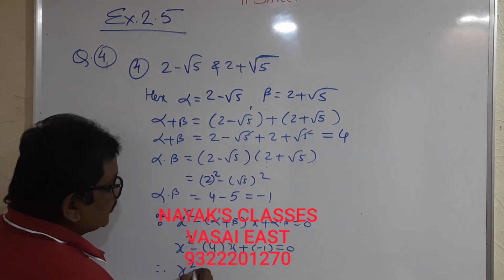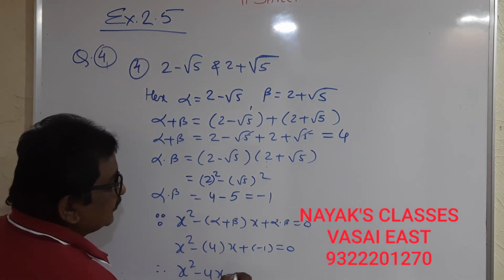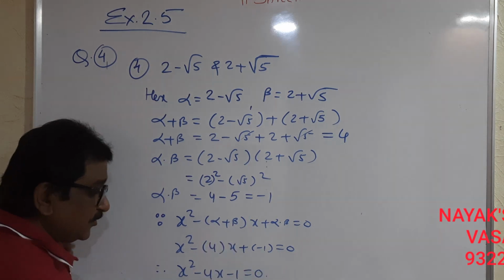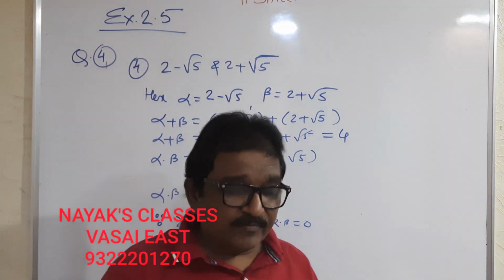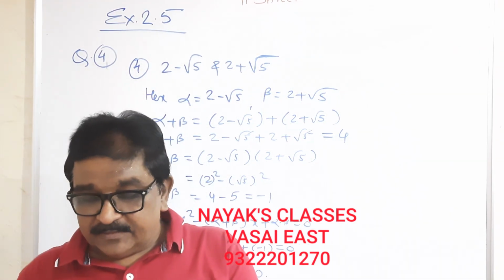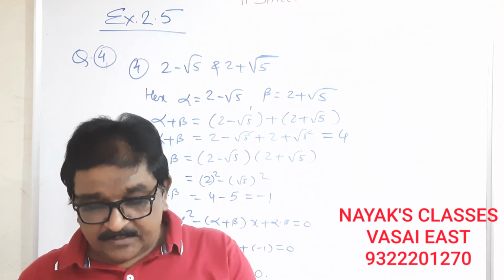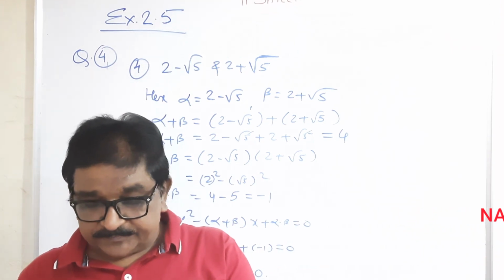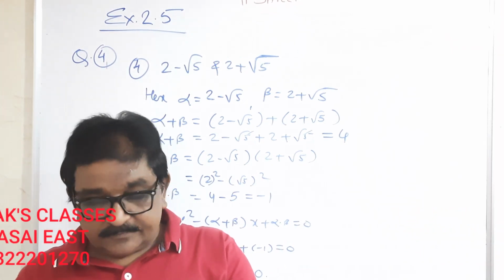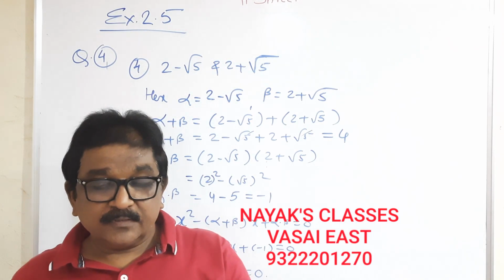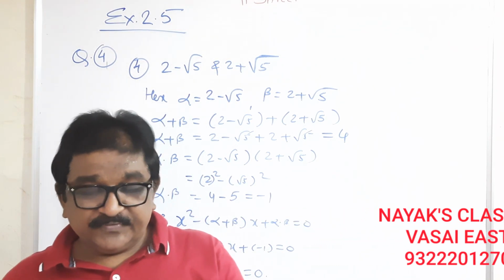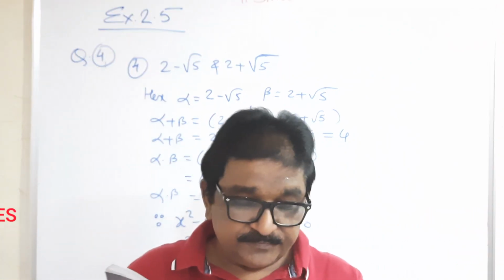Therefore, x square minus 4x minus 1 is equal to 0 is the required equation. This finishes our question number 4.